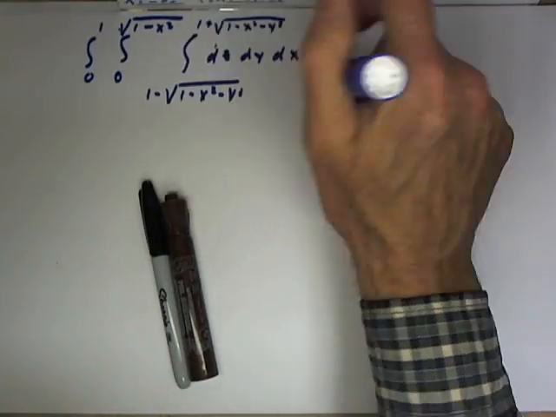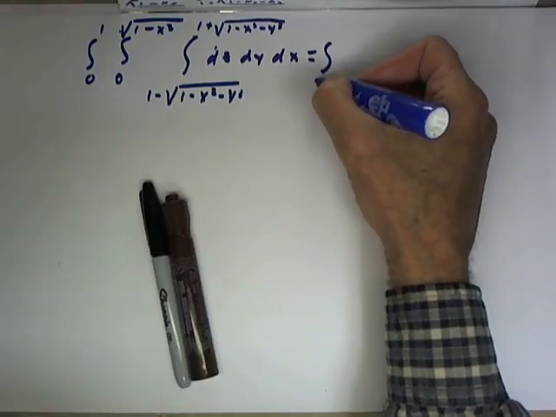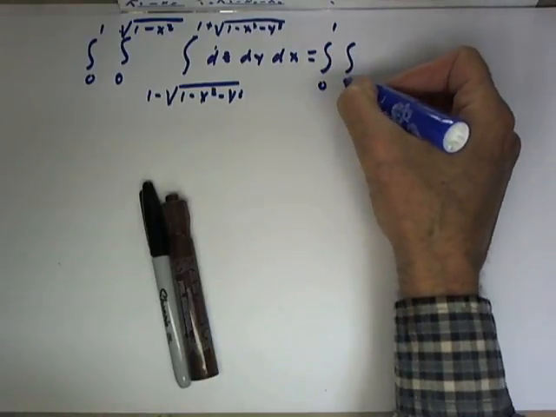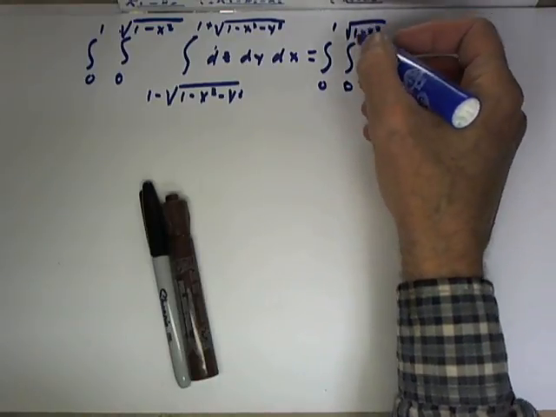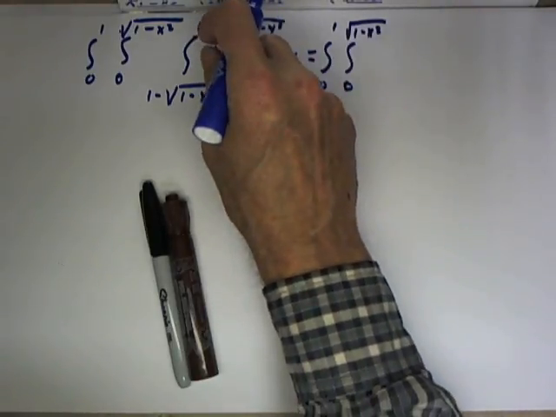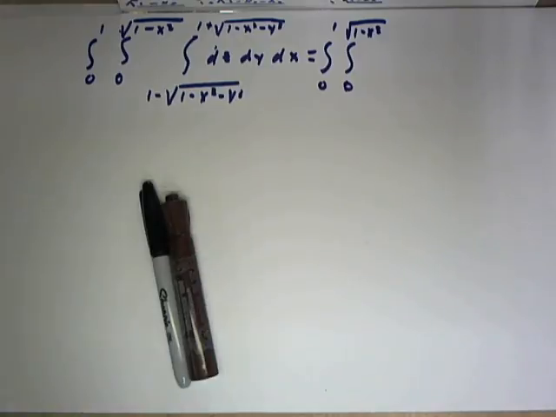We integrate with respect to z. We get the integral from 0 to 1, 0 to the square root of 1 minus x squared. The antiderivative of a constant is just z.